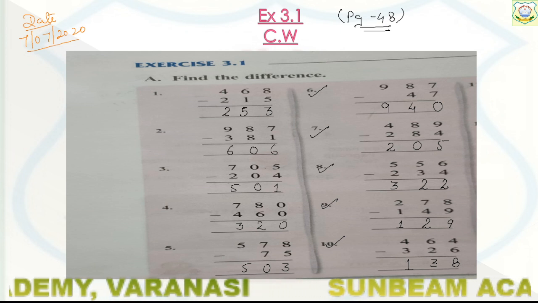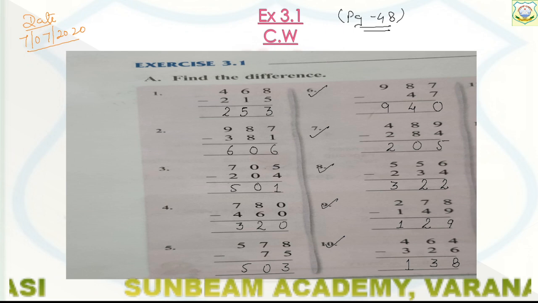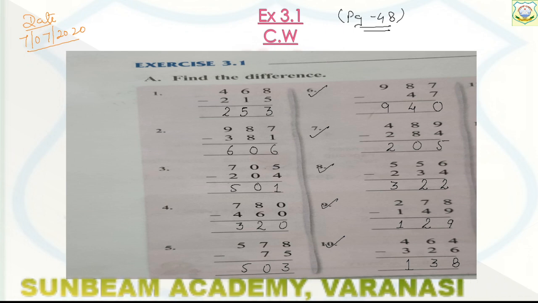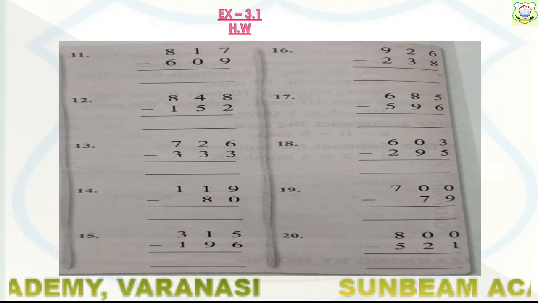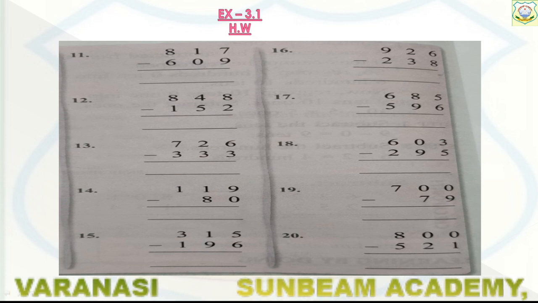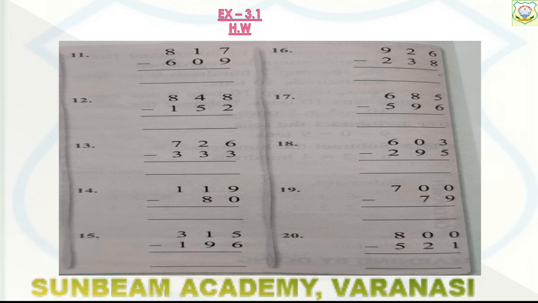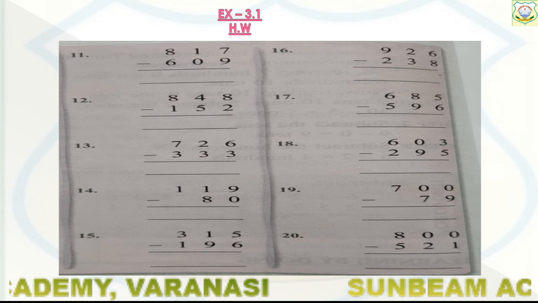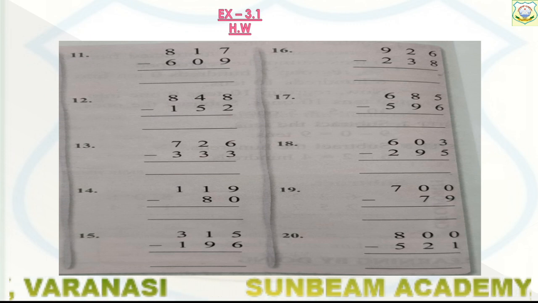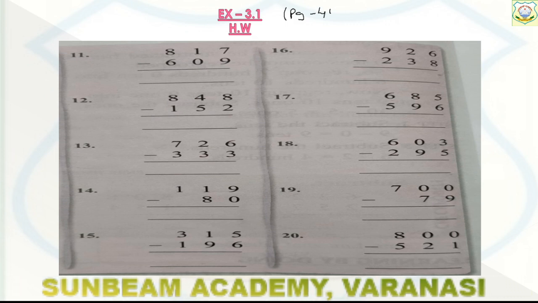Only this much you have to do today as classwork. Now I am going to show you the homework. Now this is your homework part. So now what you have to do is write there, questions 11 to 16, that's homework. So mention homework. It is on the same page, page number 48.